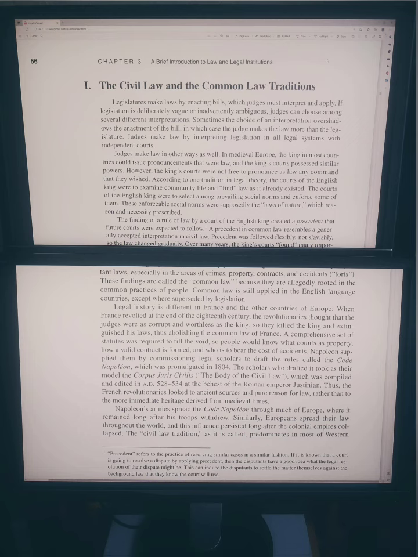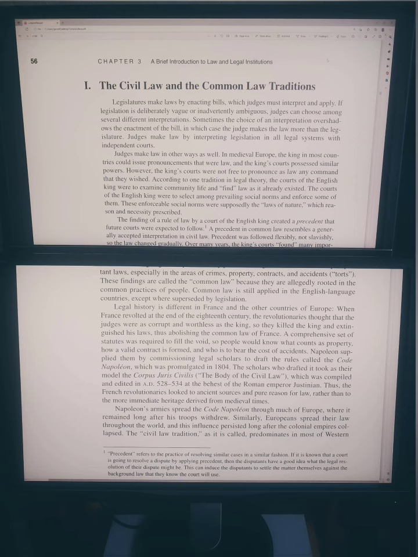These restatements, such as the Restatement Second of Contracts and the Restatement Second of Torts, serve a similar function to the codes that are thought to be characteristic of the civil law countries. Comparative law scholars vigorously debate whether the differences between civil and common law are more apparent than real.